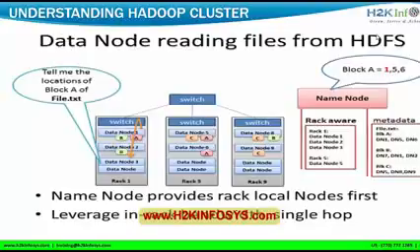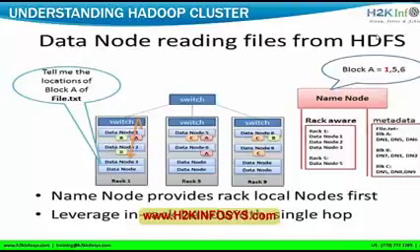Data node 3 says, tell me the locations of block A of file.txt. It will first try to check in the same rack whether block A is available.